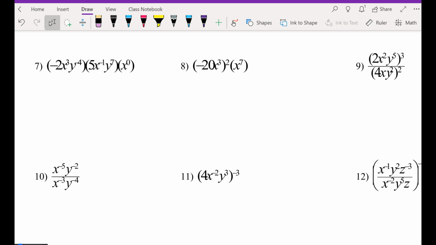If you and your partner are in agreement on number 7, then go on to 8.